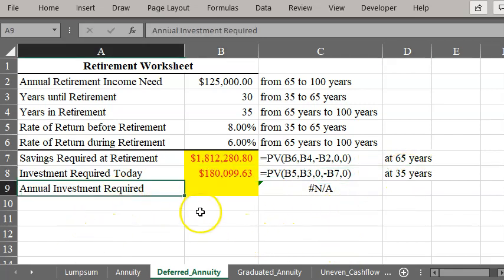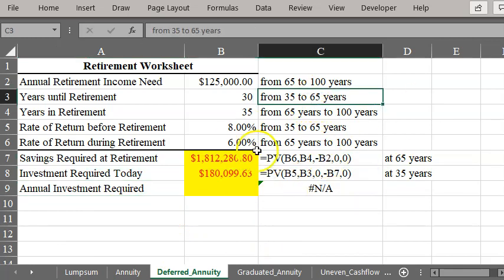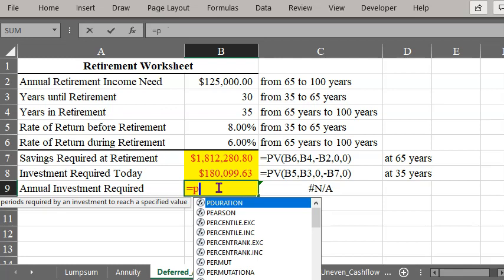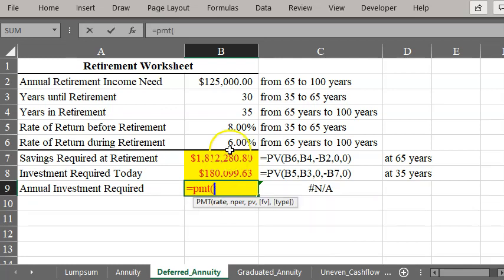Okay, now the question is how much she has to contribute when she is working from 35 to 65 towards her retirement. So this is the present value of the annuity and what is the payment required. So the payment required is going to be 8% return, NPER is 30.